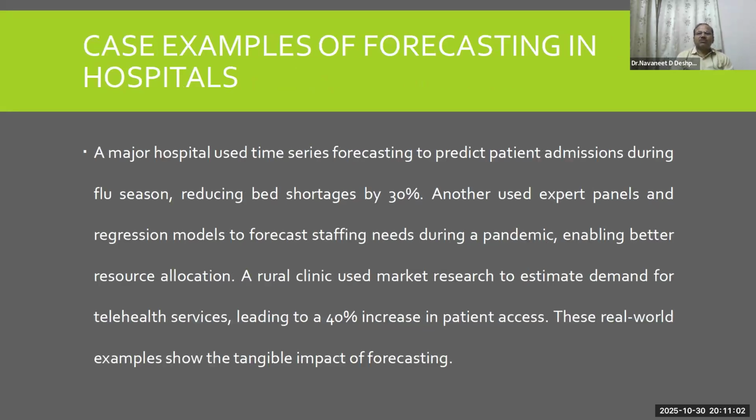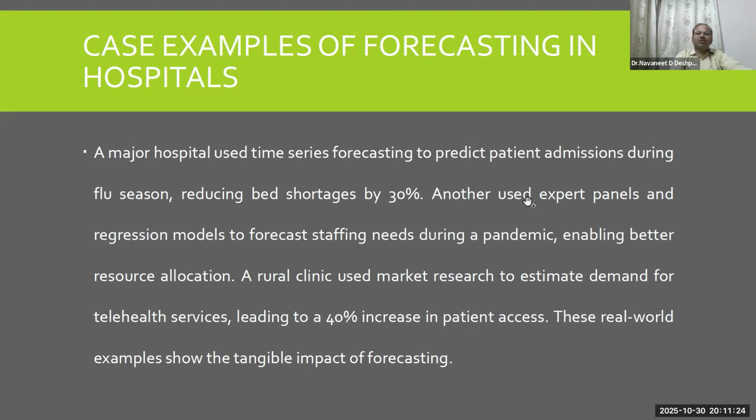Next comes the major hospitals. For example, a hospital uses time series forecasting to predict patient admissions during flu season. During flu season, it is reducing bed shortages by 30%. That means it has to increase the number of beds, let us say, instead of 3 beds, you should have 4 beds.